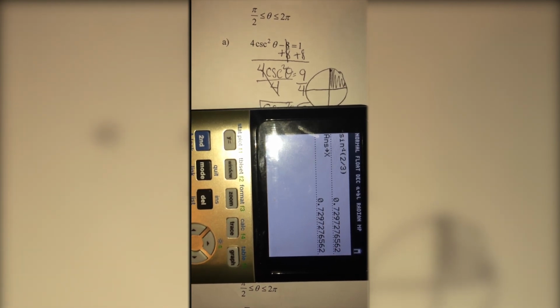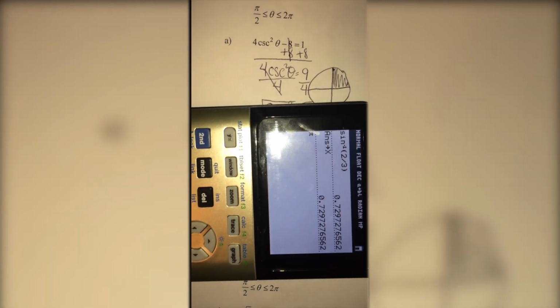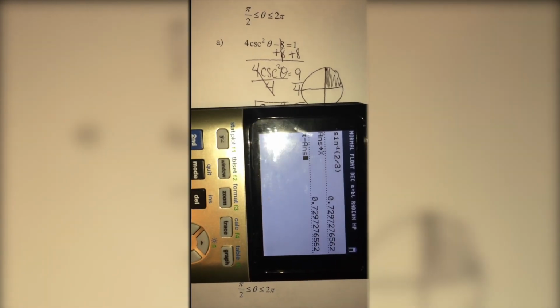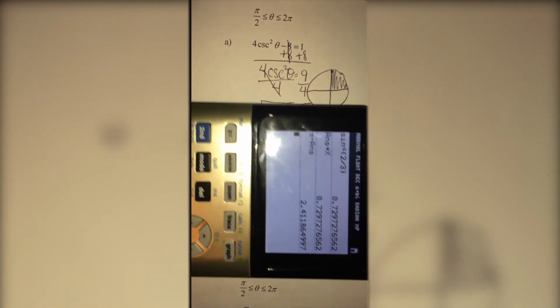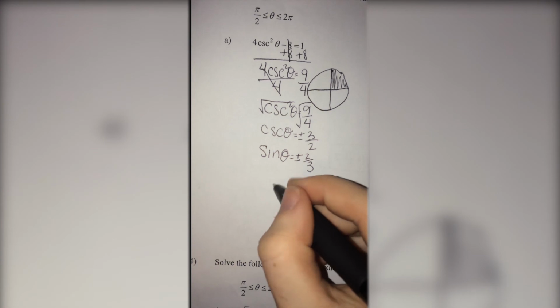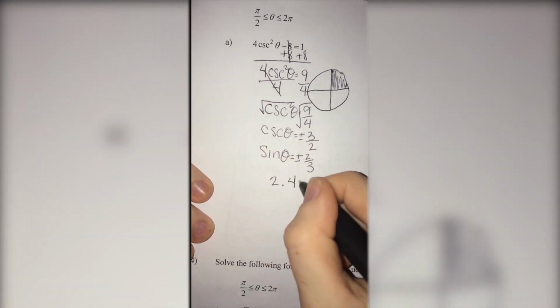Now, subtract your number from pi. That gives you your second quadrant number. But it's the first number we actually write down.